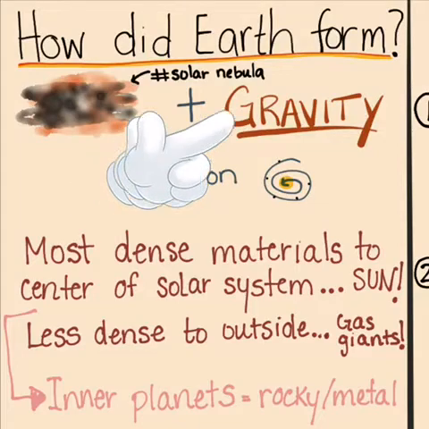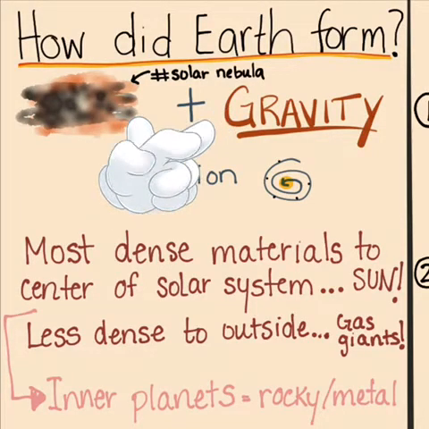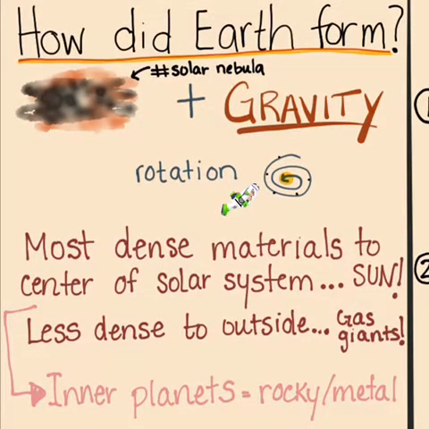I guess the shortest answer to how Earth formed would be through a solar nebula and gravity. With the cloud of gas and dust pulling together, the solar nebula tended to collapse and turn into a disk of rotating materials. The most dense materials moved to the center of the solar system, and that would be the star of our solar system, the sun.